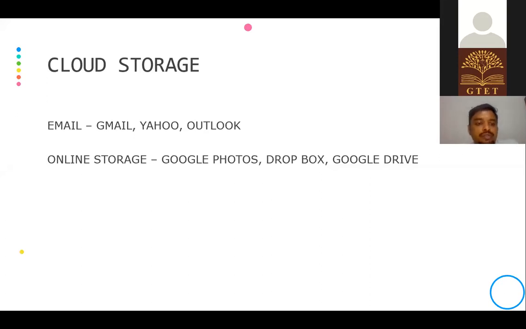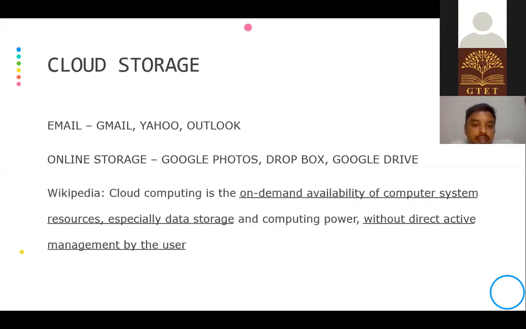Now, let's revisit the definition. So what does on-demand entail when we talk about email and online storage? The user can use these services whenever they want. The services are available all the time. The user does not have any active management involved to store or organize this data, right?